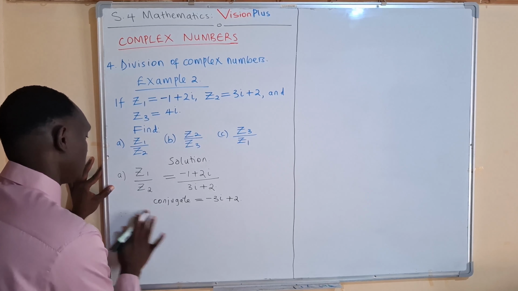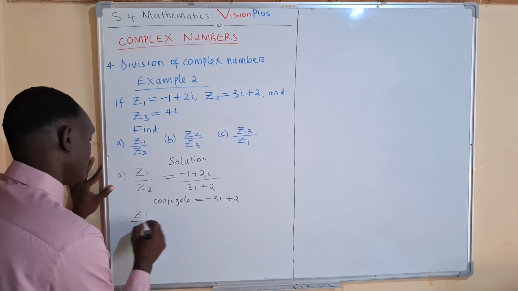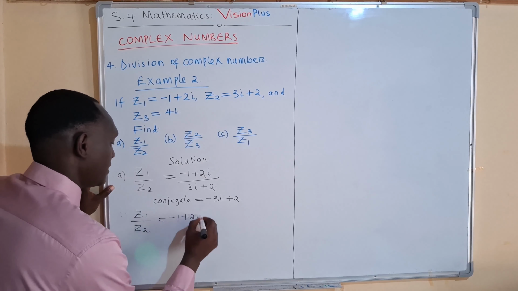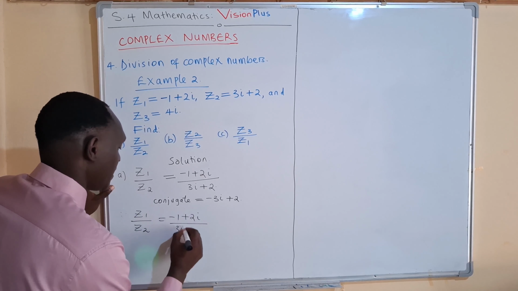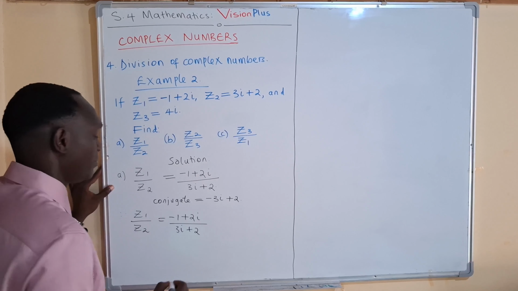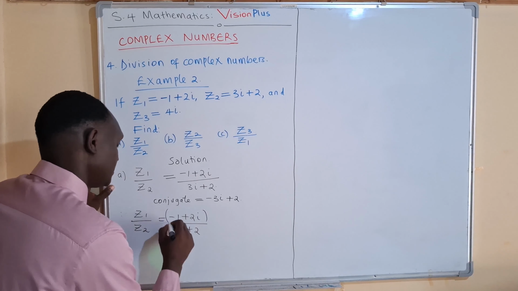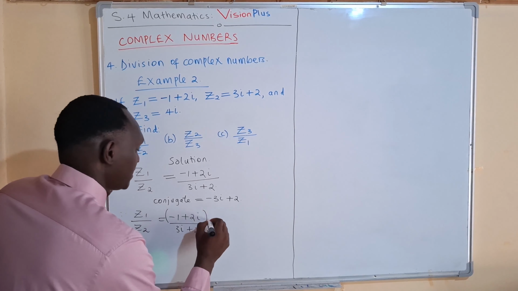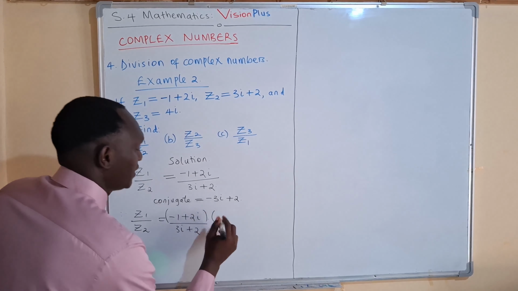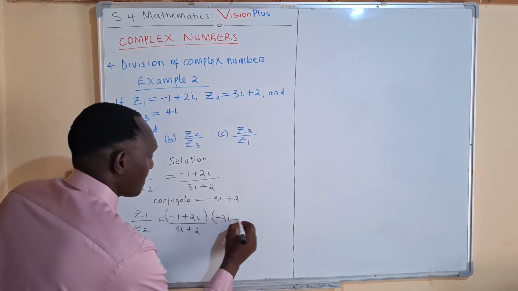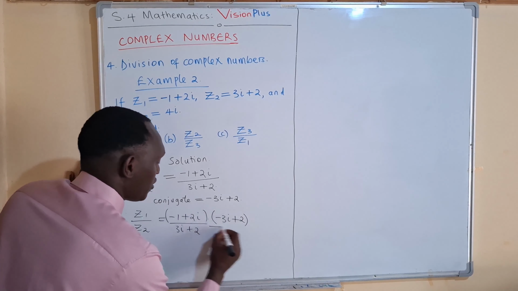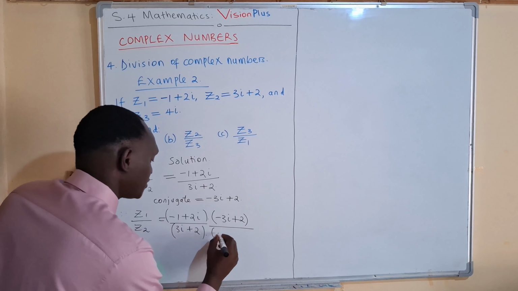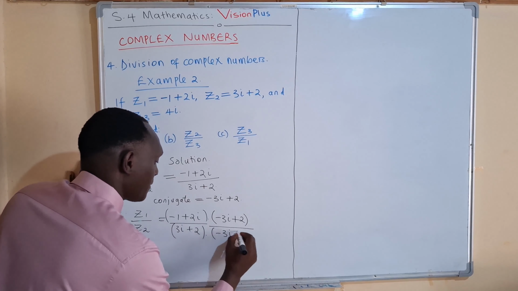Let me say z1 over z2 equals -1 plus 2i over 3i plus 2. Now let me multiply the numerator, since there are two terms, you put them in brackets, times the conjugate of the denominator, which is -3i plus 2. Also on the denominator, you multiply the denominator by its conjugate, which is -3i plus 2.